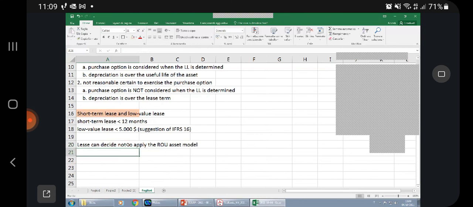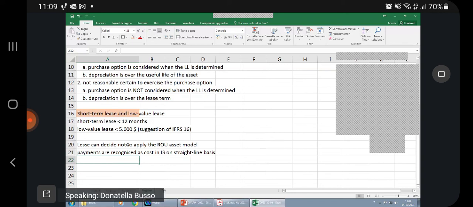And in this case, simply payments are recognized as a cost in the income statement without distinction of depreciation and interest, and this is done on a straight line basis. Okay? This is just to simplify IFRS 16 implementation.